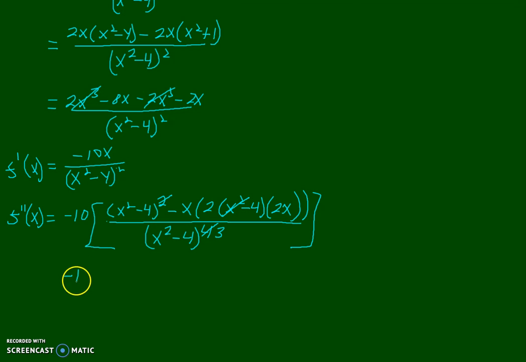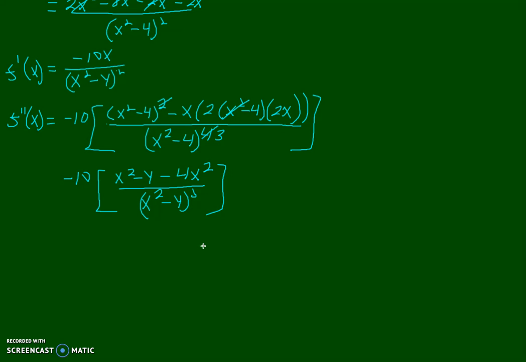So we have negative 10 times x squared minus 4 minus, this is x times 2 times 2x, so that's minus 4x squared, all over x squared minus 4 to the third.